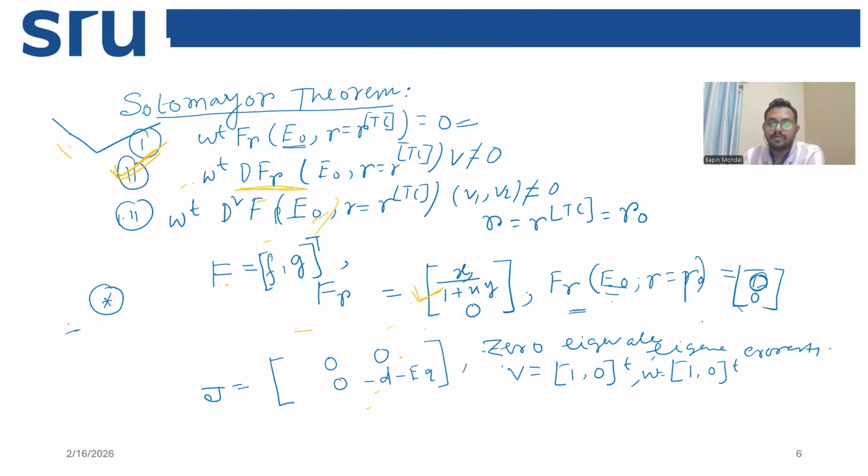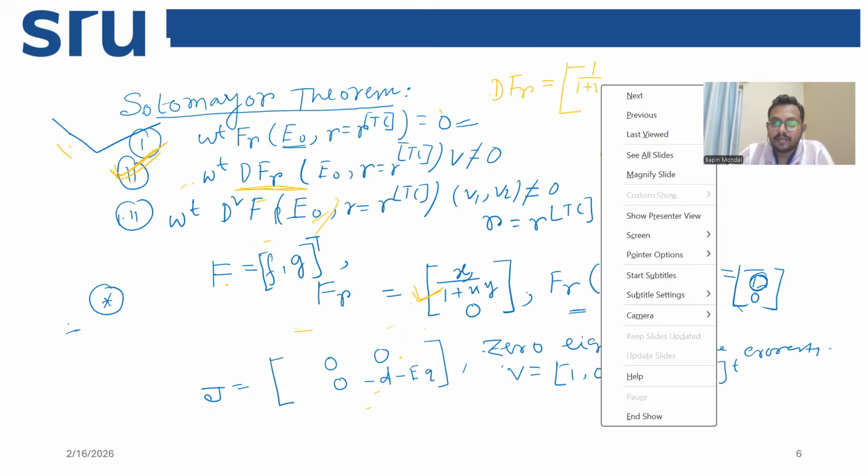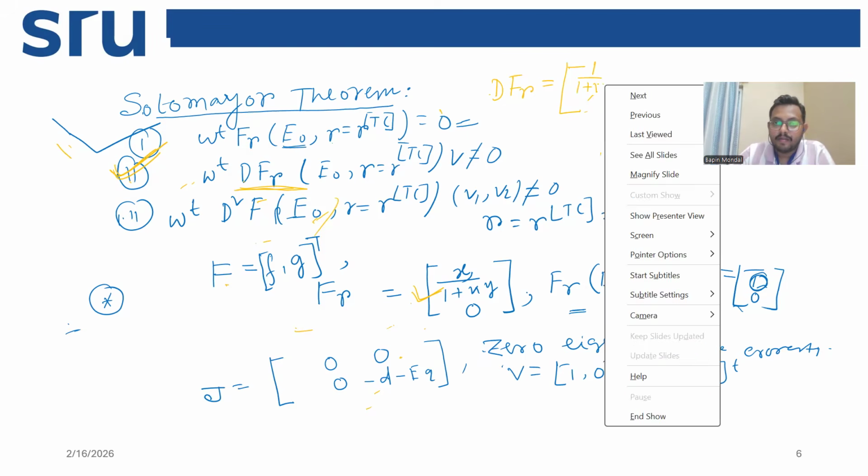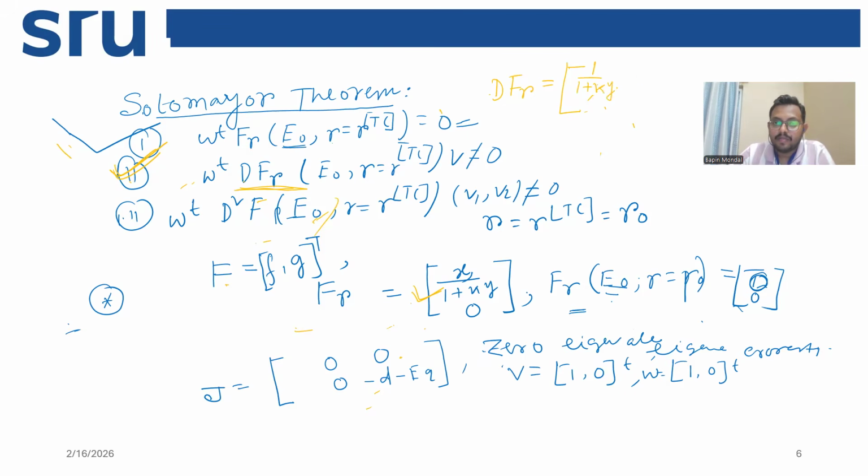If we take the derivative with respect to x, we have 1 by 1 plus ky.